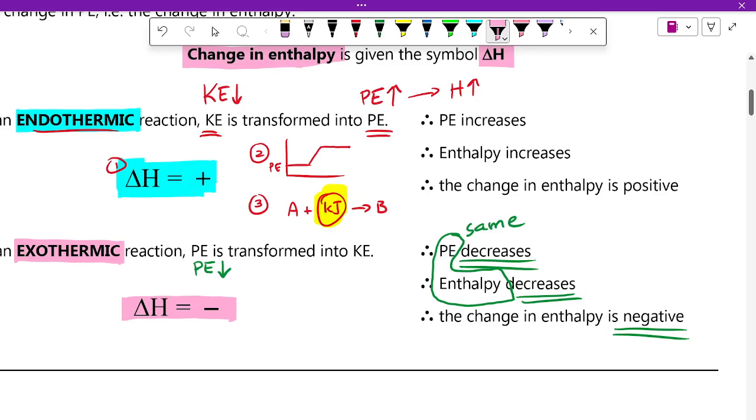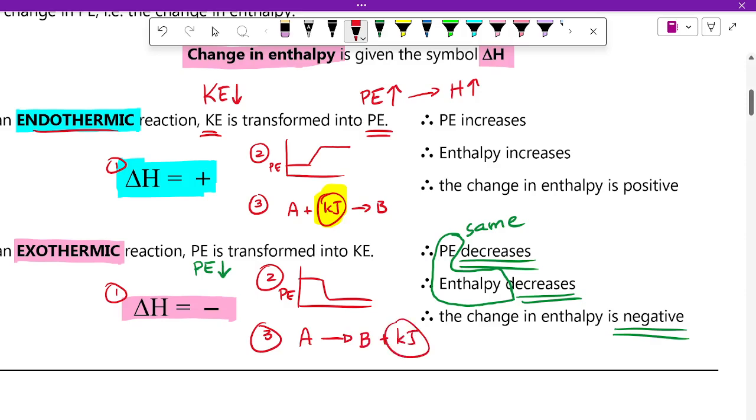So for an exothermic reaction, you should know that number one, change in enthalpy, delta H, is negative. You should be able to draw a potential energy graph. And what direction do the stairs go? They go down. And thirdly, you should be able to write an equation where your reactants go to products and your energy term is in the products.